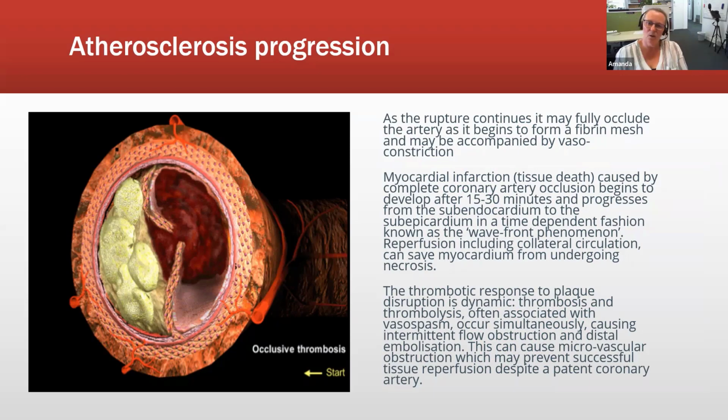So this is just like a quick little picture of how this builds up. Initially it starts very slowly. It's a slow progression. In the end, it can happen quite quickly.